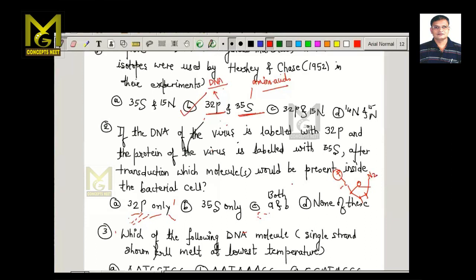So in this case, where the phosphate is radioactive, naturally this phosphate will get incorporated into the DNA. The question asked is which molecule would be present inside the bacterial cell after transduction. Because there is DNA present with phosphate, the correct option in this case will be A.